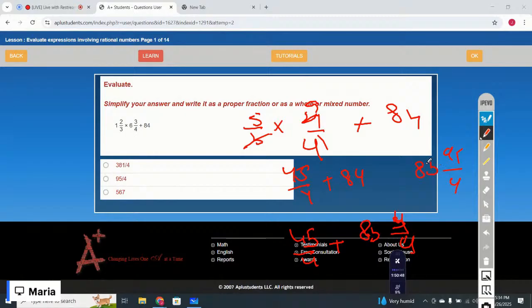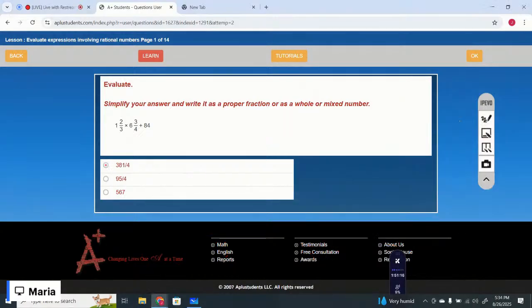Let's just do 4 times 4 is 16, 33. That is 381 over 4. Option number 1 is the correct option. That is 381 over 4.